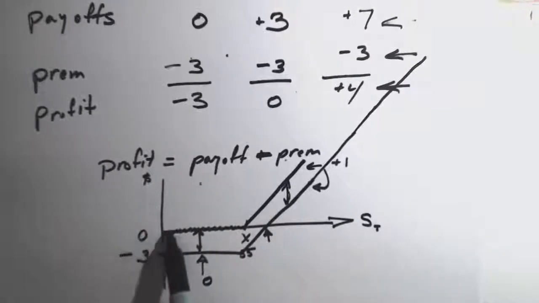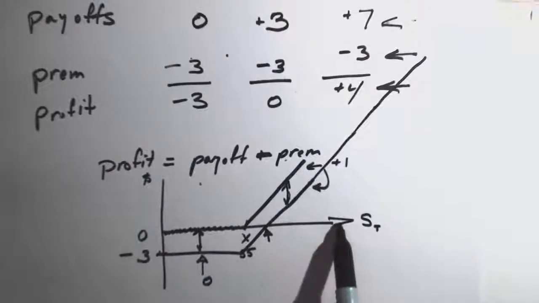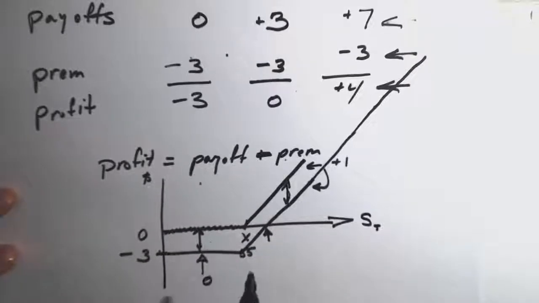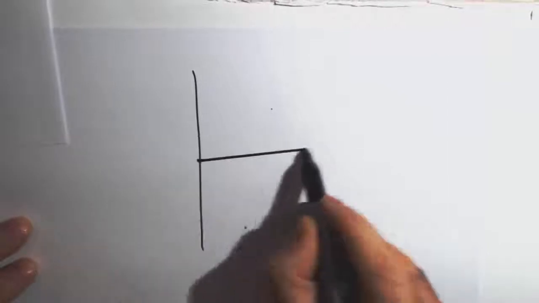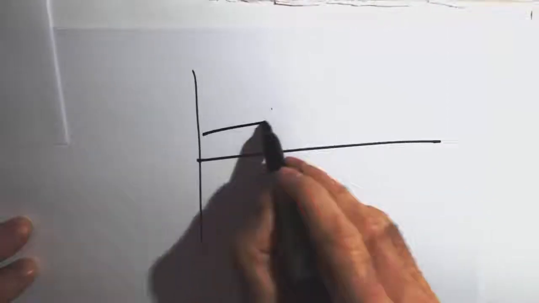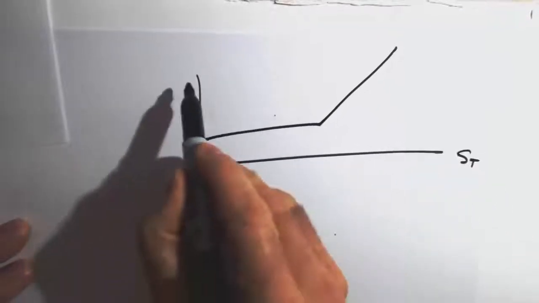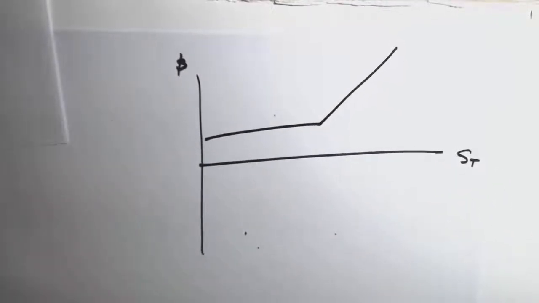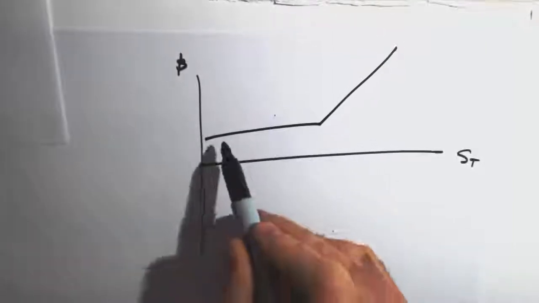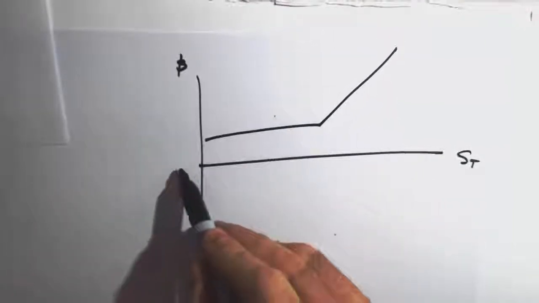This is the Y 0 position. You have to cross this line somehow. If you have a profit line that looks like this, something is drastically wrong. It means you cannot lose. There's no break even. You're just going to make money no matter what happens.